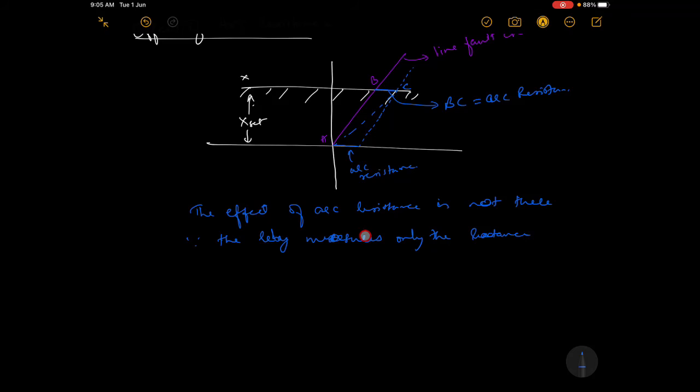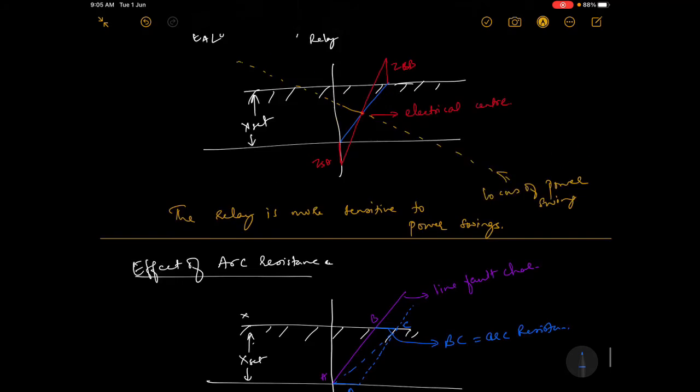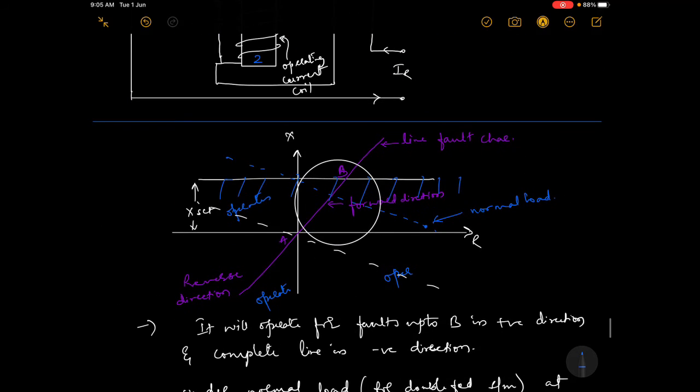This is the only advantage, but there are many other disadvantages like power swing. Normal load is considered as fault, and it will also operate for reverse. To overcome these disadvantages, we have to use different relays in combination with this reactance relay: one is a directional relay, and another is a Moore relay.